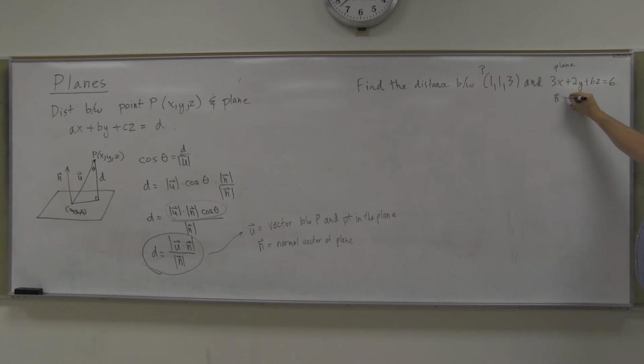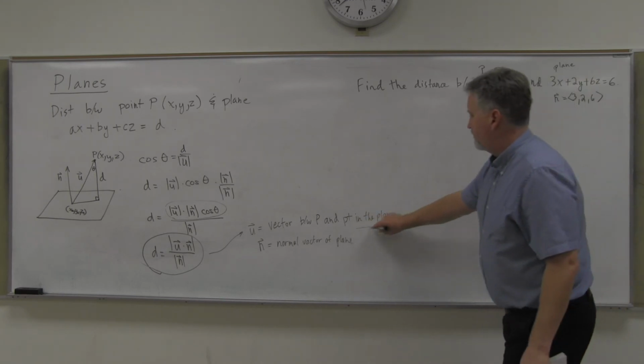Let's get that first. The normal vector is 3, 2, 6, right? ABC. Well, the other thing we need then is vector u. And so to get vector u, I need a point in the plane.